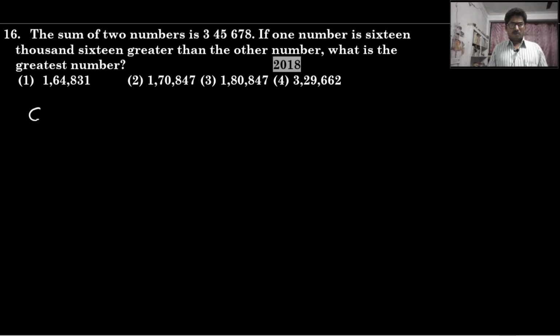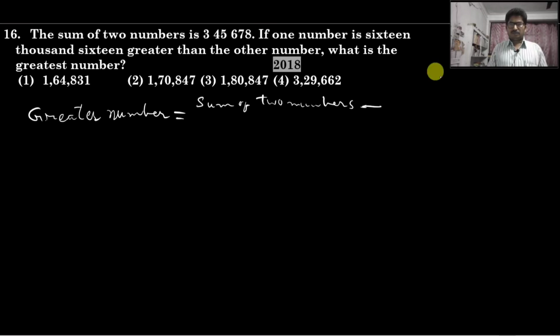The greater number is equal to the sum of two numbers plus the difference, divided by 2.